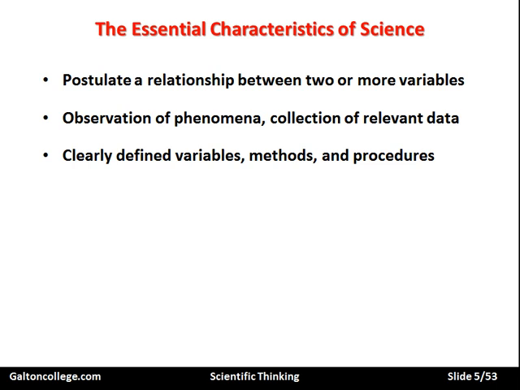Let's say in the context of business, I mentioned earlier, we have the price. Well, that's a variable. That's clear. The number of items sold. That's clear. That's quantitative as well. The method, where we have to link the two together, and we would use some sort of statistical approach to try and determine what's the relationship between the two of them. So we have a method and a procedure to follow.